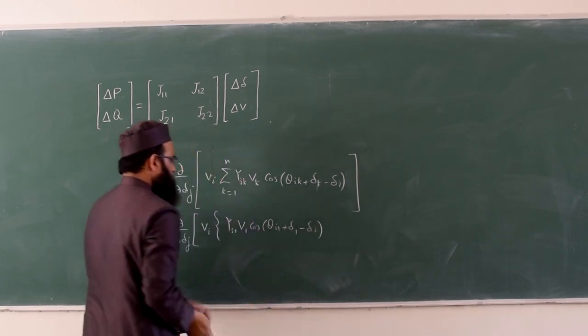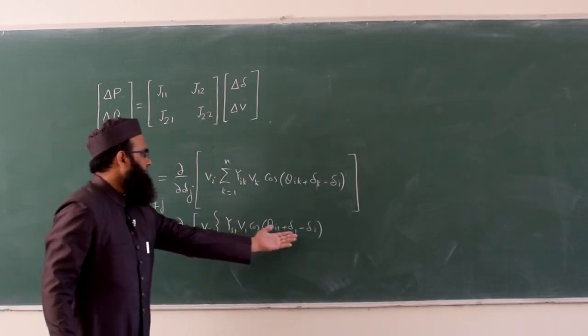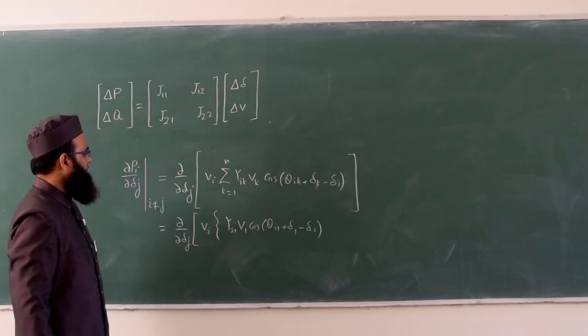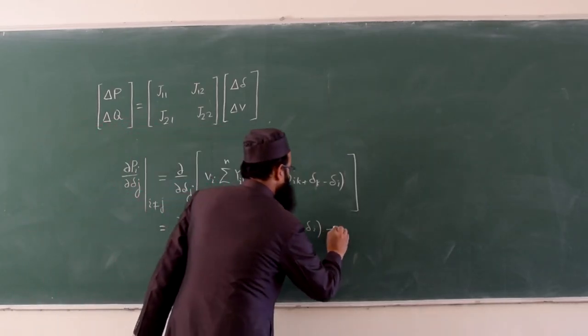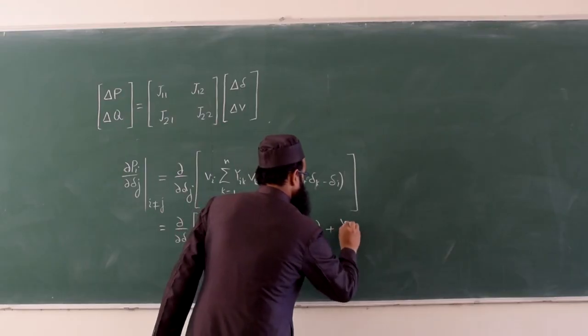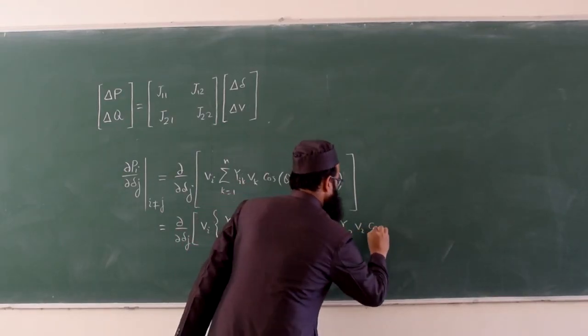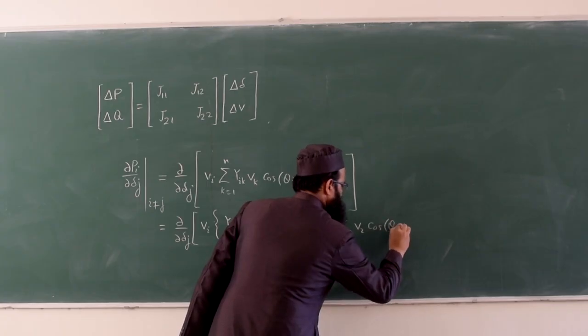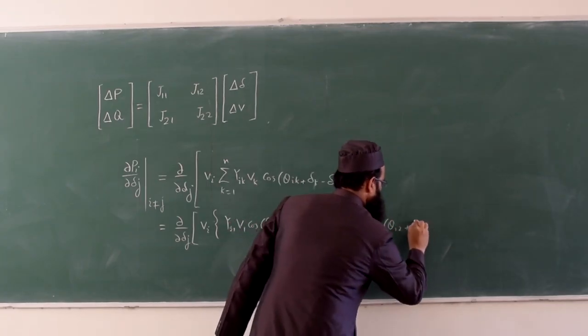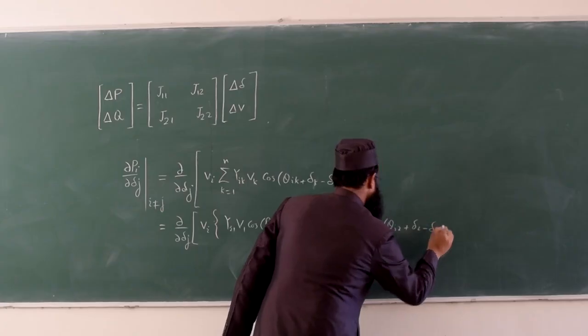We will not see any delta j here, so this is independent of delta j. Plus the second term we can write, Yi2 V2 cosine of theta i2 plus delta 2 minus delta i.